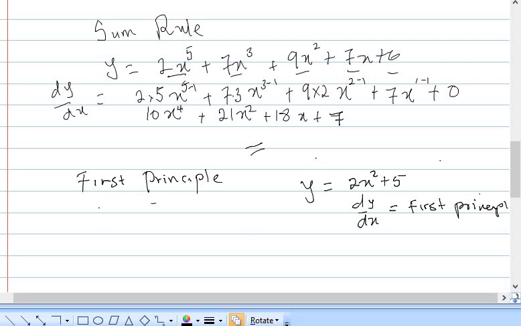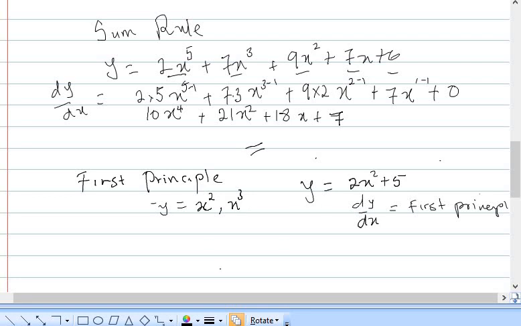Or let's say, let's find y is equal to x squared, or x to the power of 3, using first principle. So it's just the same procedure to solve.